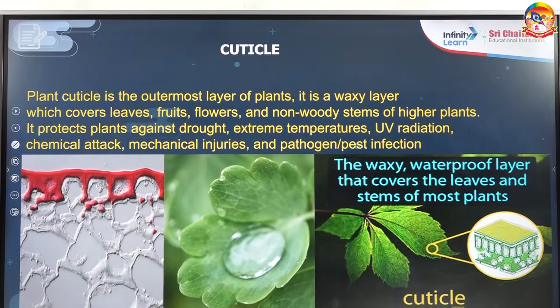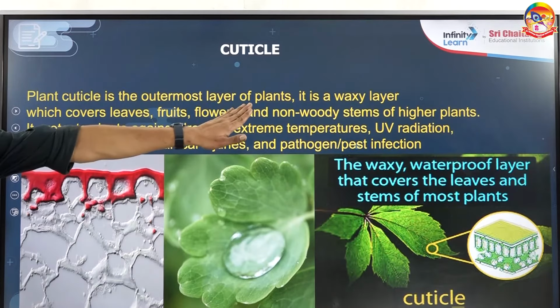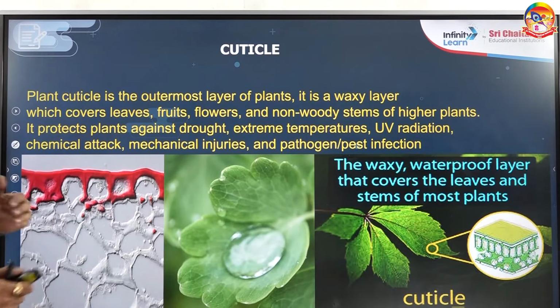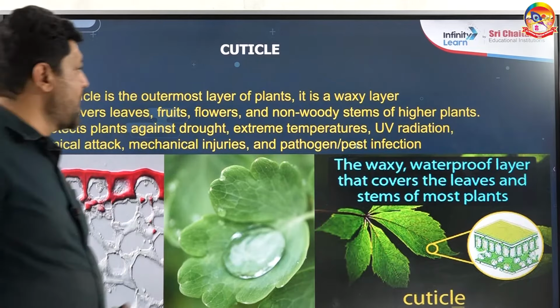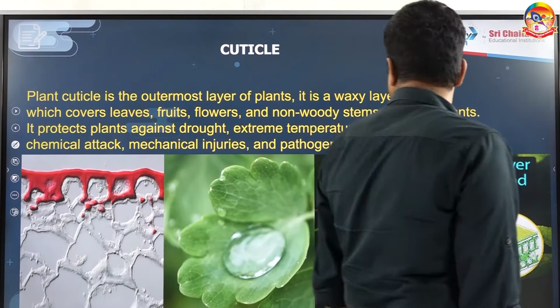It is very important to know that this cuticle layer or waxy layer will reduce the water loss, or reduces the rate of transpiration. I read, the plant cuticle is the outermost layer of the plants, and it is a waxy layer which covers the leaves, fruits, flowers and non-woody stems in higher plants.